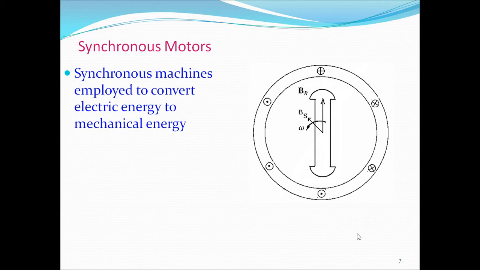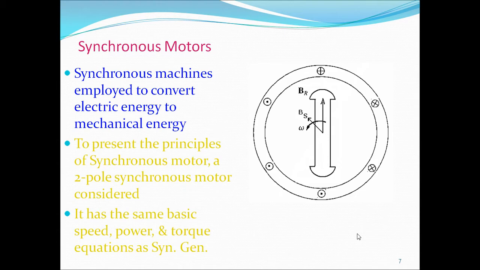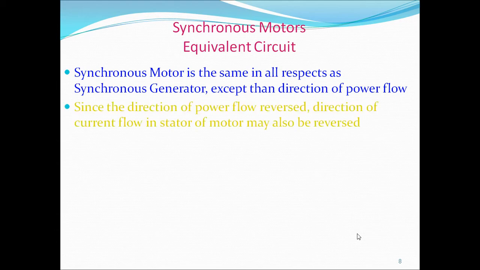The machine which converts electrical energy into mechanical energy is called the motor. At present, it is showing the synchronous motor with two poles only. And it has the same speed, power, torque, all equations as for a synchronous generator. A synchronous motor is the same in all aspects as a synchronous generator except the direction of power flow.